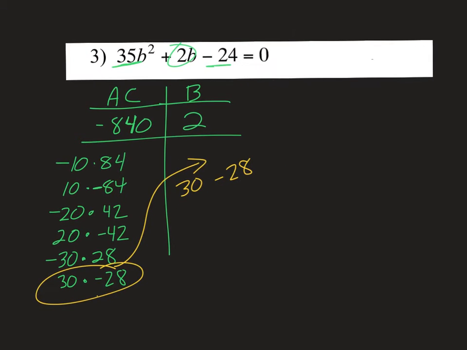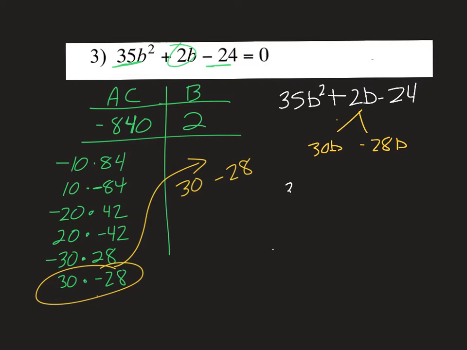And then remember, the whole point of that step is that now that we've got the AC method, we're going to take that original polynomial side of the equation, and we're going to use that 30b and that negative 28b to break apart that middle term.